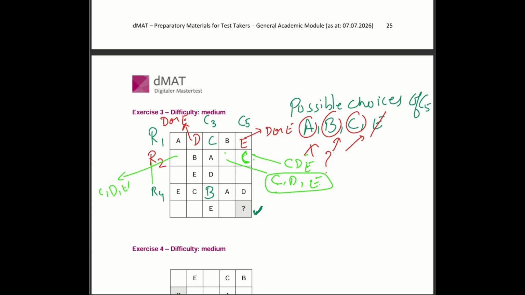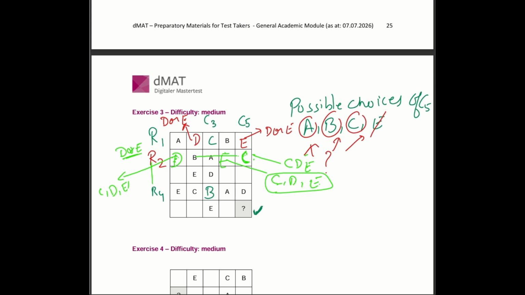And here also the options are C, D, or E. But because C is already there, the maximum option in this column is D or E. But we can't take E over here because E is already present in this column.